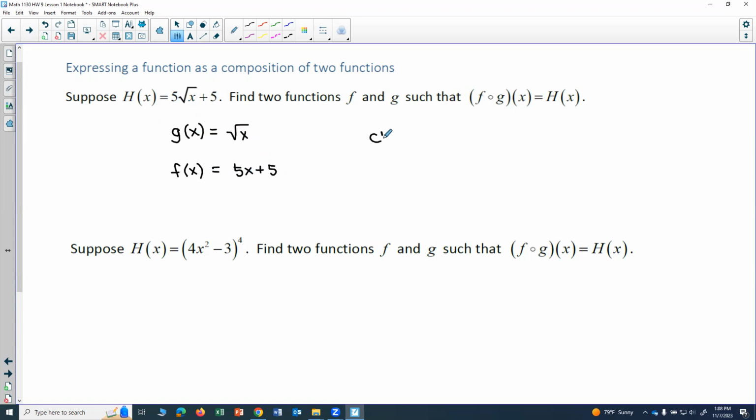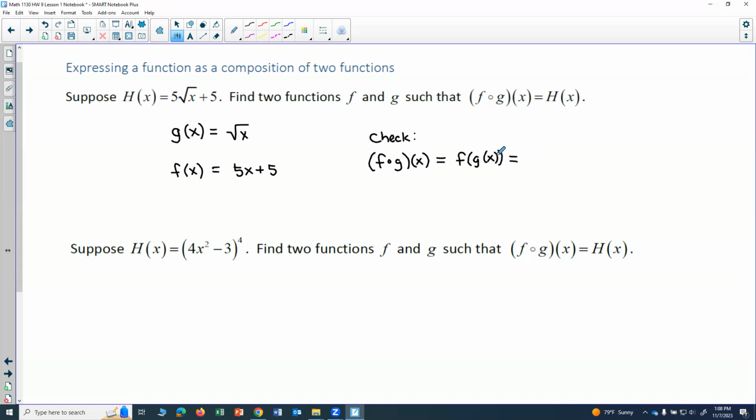And let me go ahead and check. I want to figure out f of g of x. And recall from previous videos that that's the same as saying f parentheses g of x, close the parentheses.